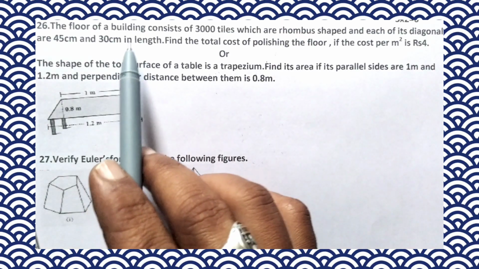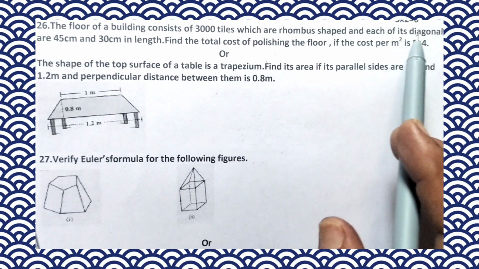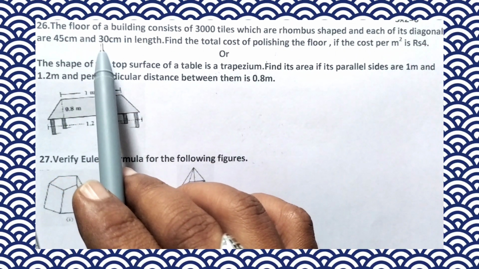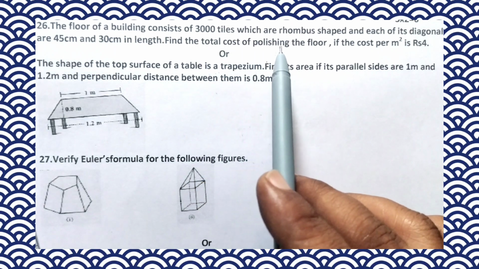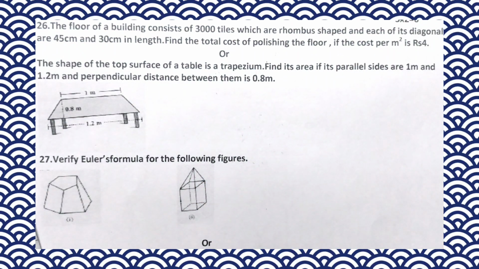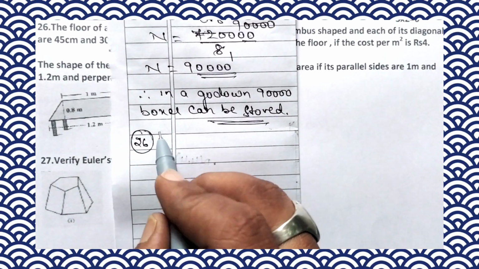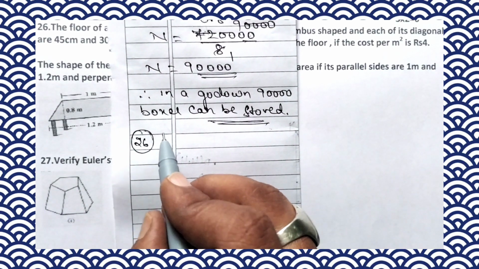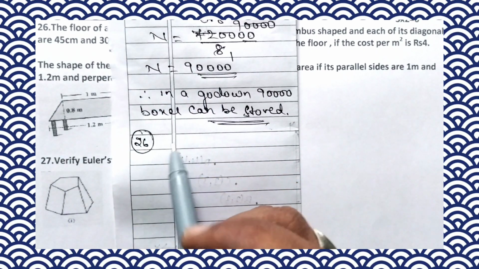The floor of a building consists of 3000 tiles which are rhombus shaped and each of its diagonals is 45 cm and 30 cm in length. Find the total cost of polishing the floor if the cost per meter square is rupees 4. Now let us answer the 26th question. The tiles will be in the shape of a rhombus.